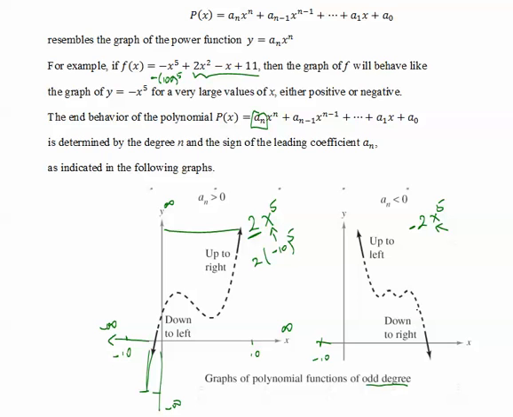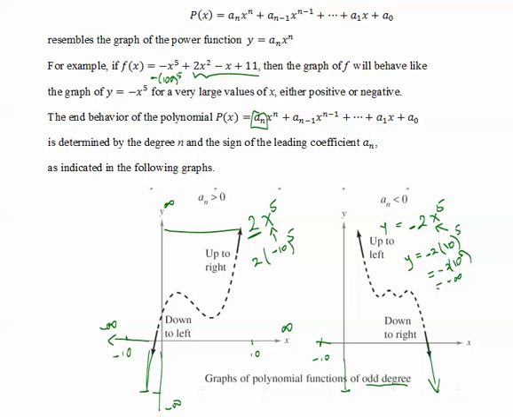And if it is a negative number, it will go toward negative infinity, like this one here, where the y value is going toward negative infinity. So if y were minus 2x to the fifth and I choose x to be 10, it's going to be minus 2 times 10 to the fifth, and 10 to the fifth is a large number. You multiply it by a negative, and that will give you something closer to negative infinity.